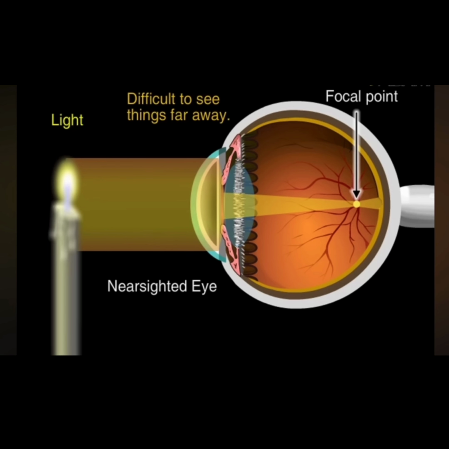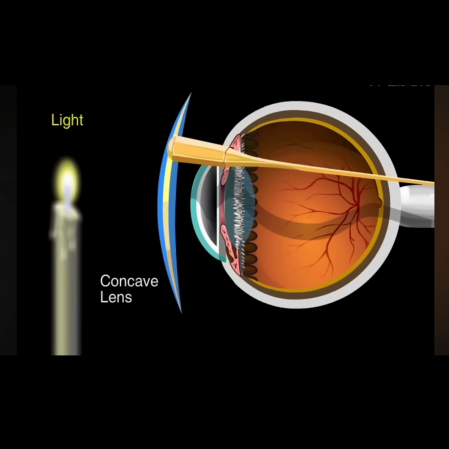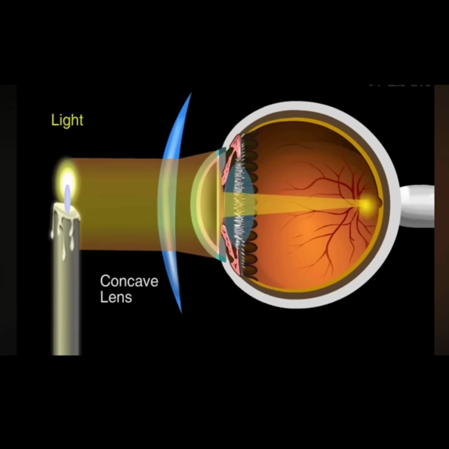If there is a defect in the focal point, we cannot see far away things properly. If the light does not focus directly on the retina, it makes it difficult to see objects far away.